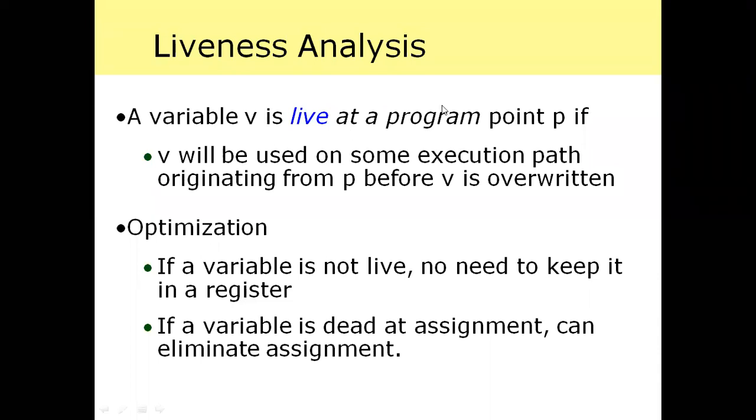Here we are only talking about live and dead. When the variable is not live, no need to keep it in registers, because from here onwards we are talking about machine dependent optimizations. Or if a variable is dead at an assignment statement, we can eliminate that assignment statement.